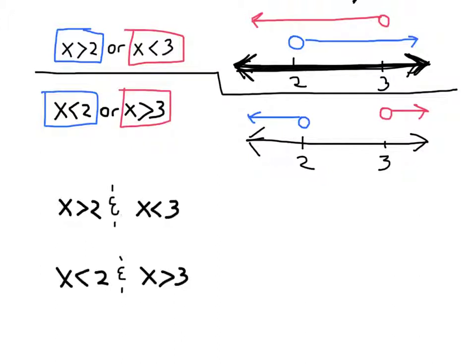And the final graph is, once again, since it's an OR situation, you're representing all of the activity that was represented here, and that would be open circle, and this way, and this way. And that is not all real numbers.